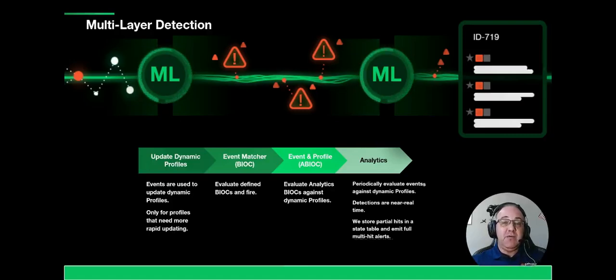After that, it'll trigger the alert. So kind of similar here. So for the analytics detector, some of them will have a condition for multiple hits. So if you have this condition, it will store these partial hits into a state table until the threshold is reached, and then it triggers the alert.